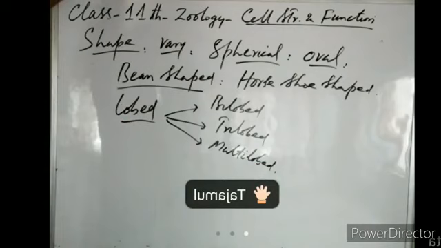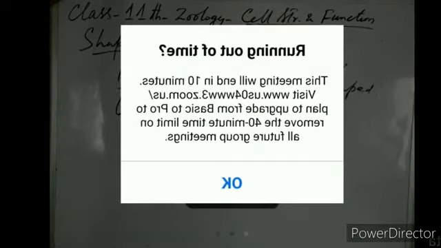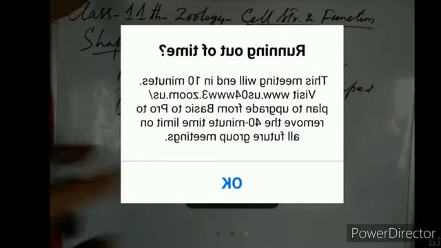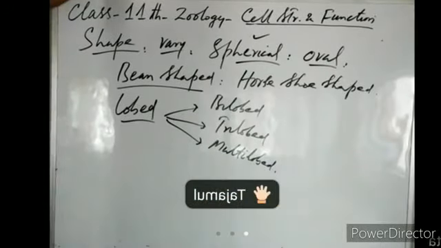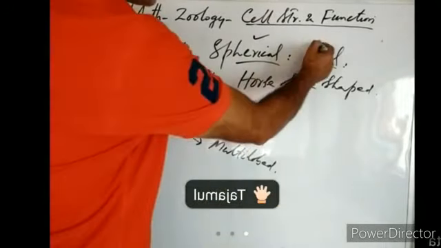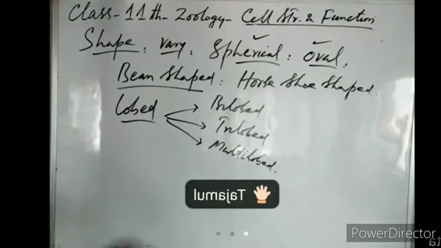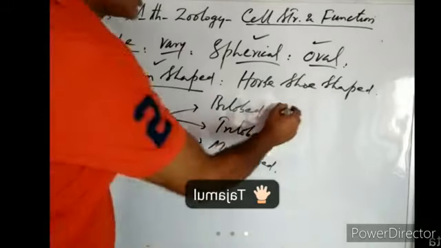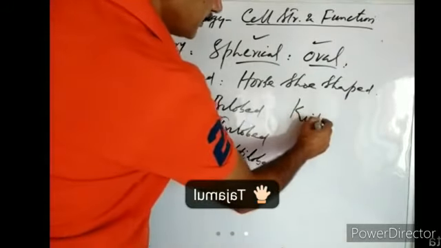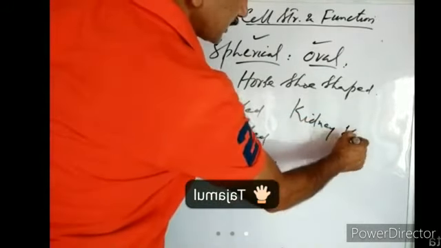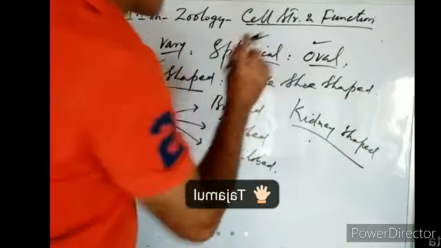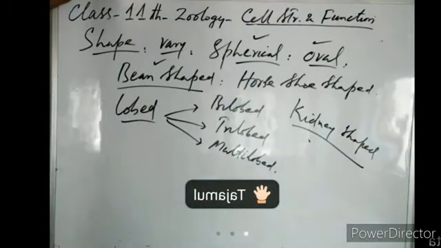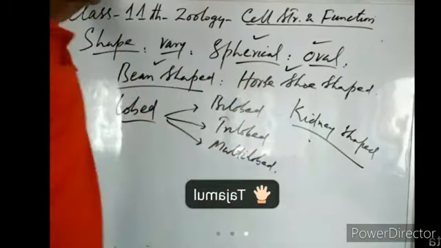Generally, cells have a spherical nucleus. But there are some cells which have an oval nucleus. In some cells, the nucleus may be bean-shaped, or sometimes it is known as kidney-shaped, right? In some cells, the nucleus is somewhat horseshoe-shaped.